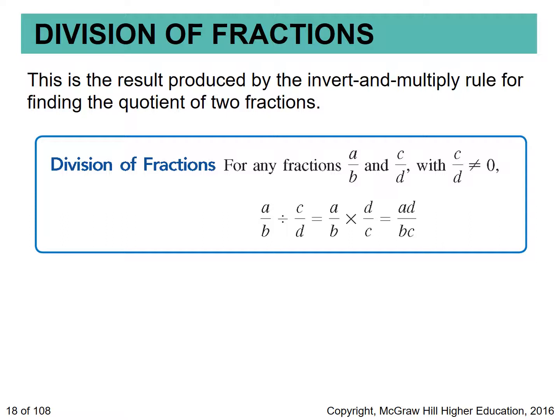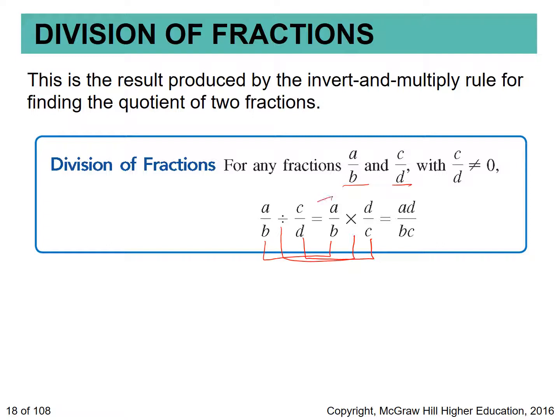So looking at the invert and multiply rule for finding the quotient of two fractions, it looks something like this. So I have these two fractions, a over b and c over d, and I have to make sure that c over d is not 0. So if I take a over b divided by c over d, then what I can do is I leave the first fraction the same, change the operation to multiplication, and invert the second fraction.